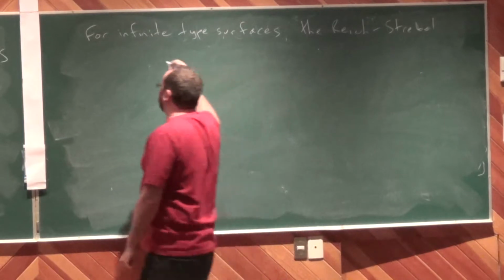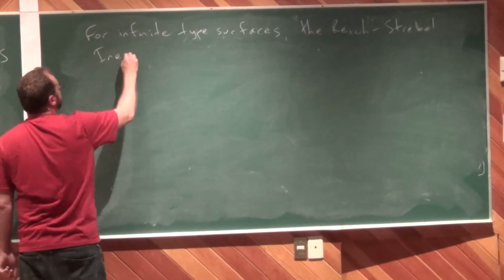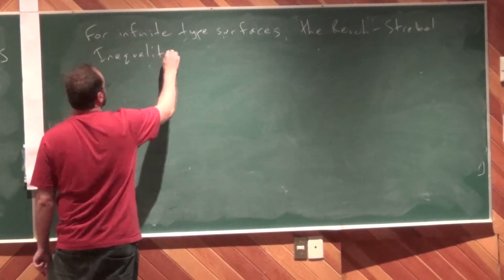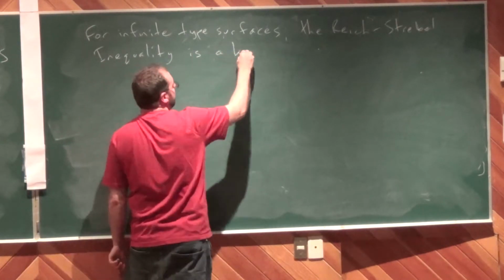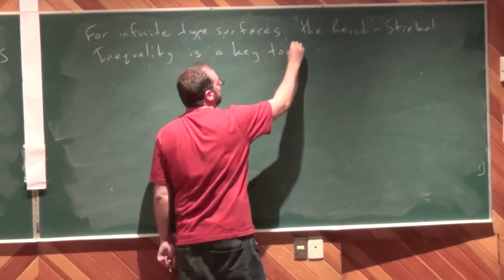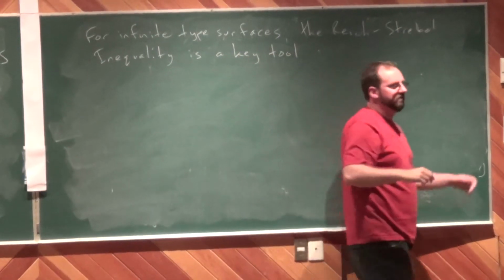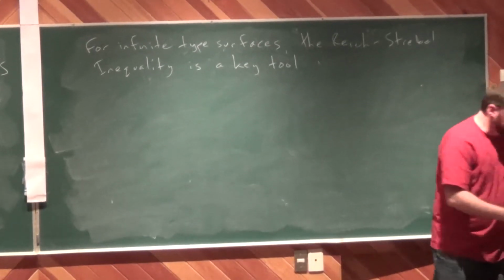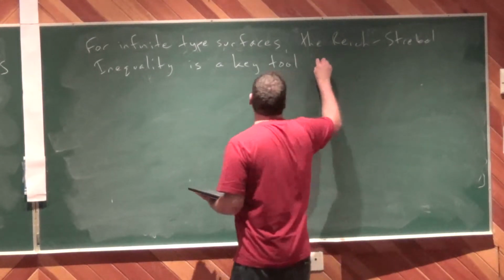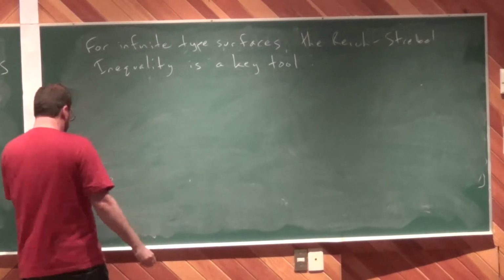Well, the Strebel inequality is a key tool. So let me just say it's a key tool, and if you're interested, then you can look up afterwards what it says and how it can be applied.